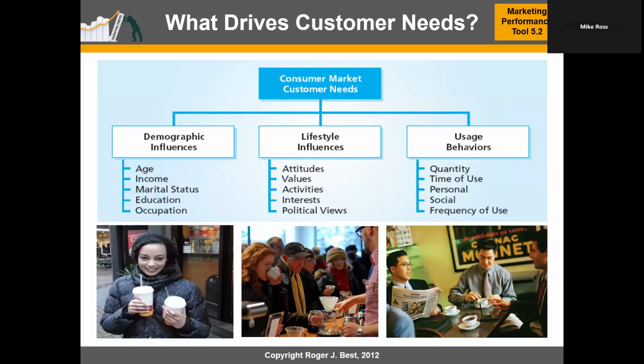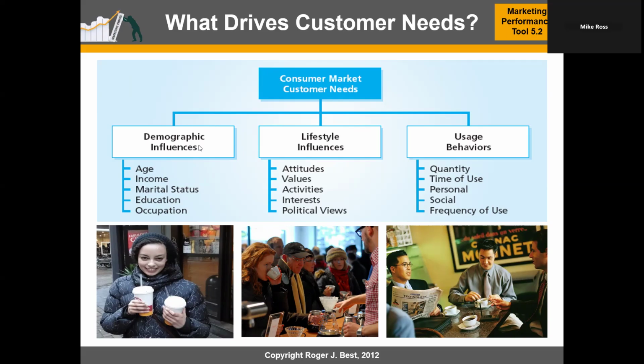So when we think about consumers, and we're speaking specifically about the difference between consumers, individual decision makers, versus businesses, what are the drivers of these differences and preferences across different consumer segments?